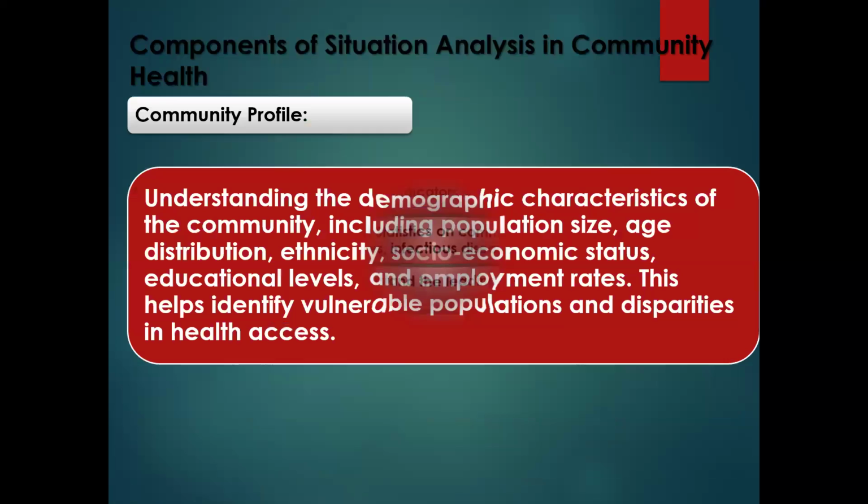By the time you collect data for the community, you should be able to have a good idea of the community profile. All of this will help either contribute to level of health or lead to deterioration of health. So you have to have a good knowledge of the community profile.